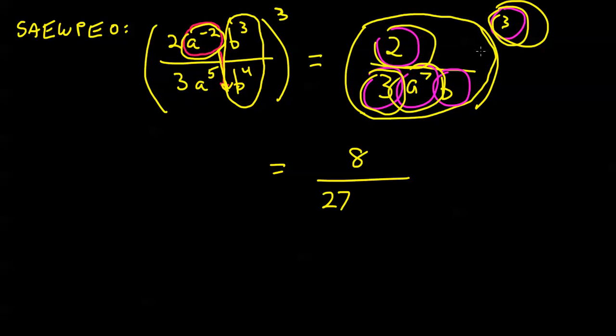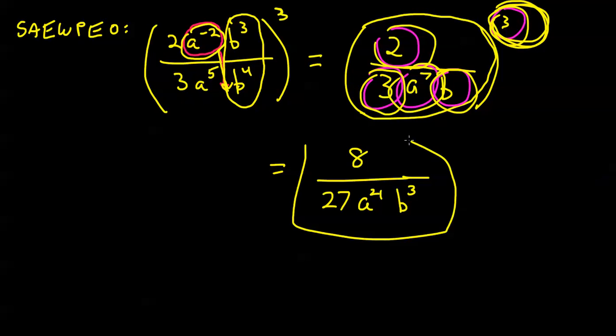A to the 7th cubed, well, power of a power, you multiply the exponents. And similarly, b cubed in the numerator and the denominator turns into just b cubed, right? Alright, so I think we've completed that with as little ink and as little effort as possible. 8 over 27 a to the 21st b cubed.